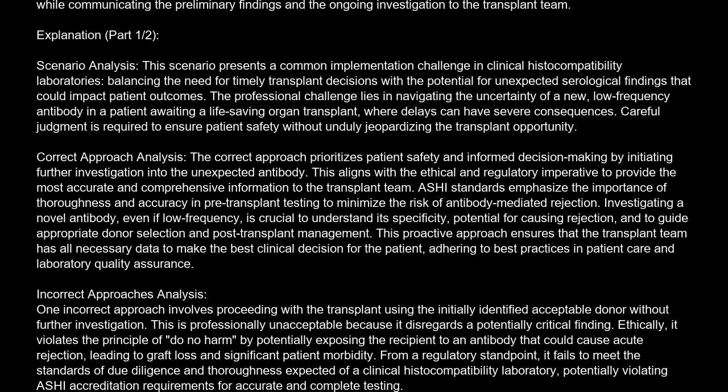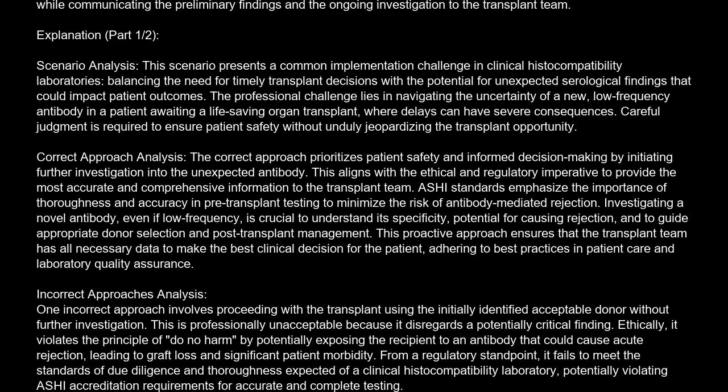Investigating a novel antibody, even if low frequency, is crucial to understand its specificity, potential for causing rejection, and to guide appropriate donor selection and post-transplant management. This proactive approach ensures that the transplant team has all necessary data to make the best clinical decision for the patient, adhering to best practices in patient care and laboratory quality assurance.